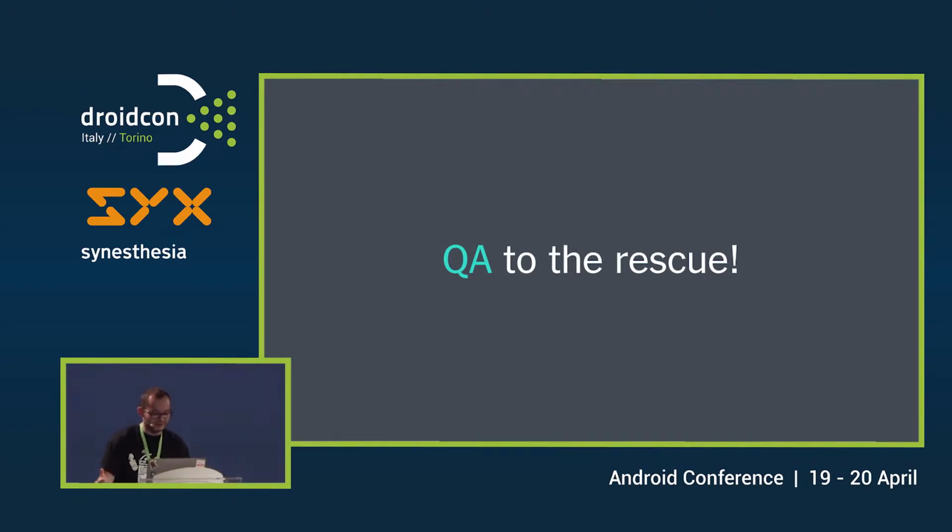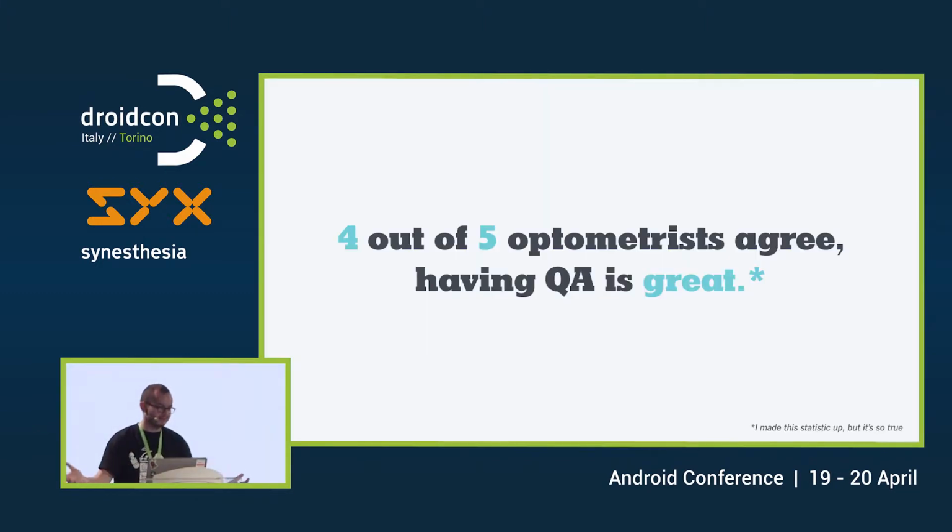This is why we have QA, right? They're the people that will catch those sorts of things if you, the developer, don't catch them when you're developing. They basically catch all our mistakes. So this is some fake data, as you can see on the bottom. QA is another set of eyes. That's why I put optometrists there.